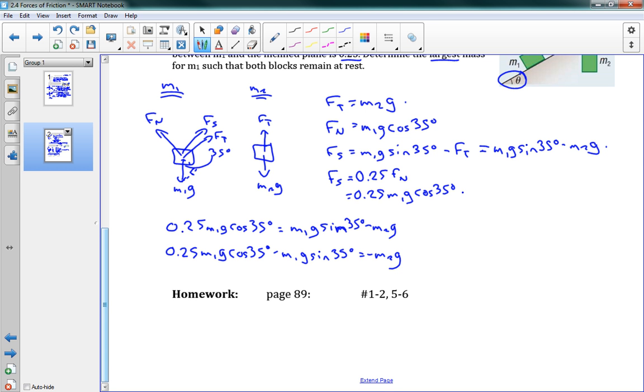And now you can see that everything has a g on it as well, so we can cross those out. We can just get rid of g from this equation. Finally, we can get m1 is equal to negative m2 over 0.25 cosine 35 degrees minus sine 35 degrees.